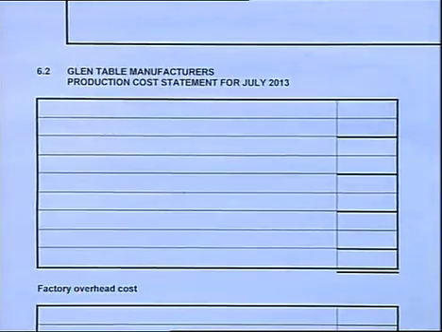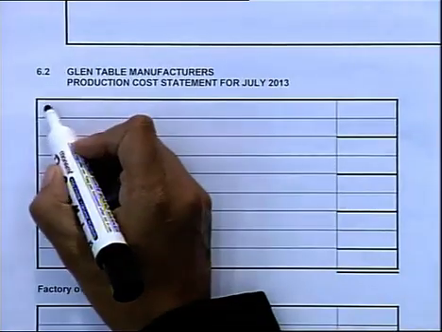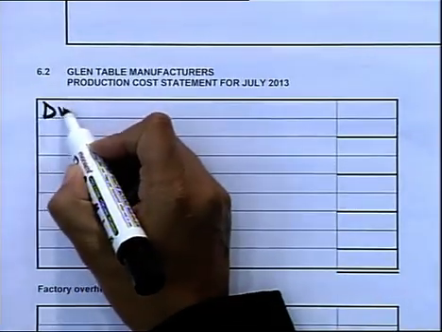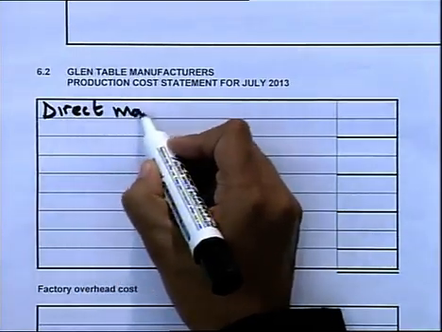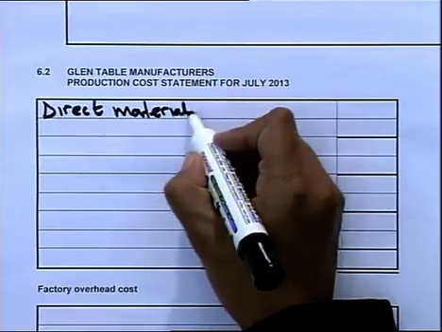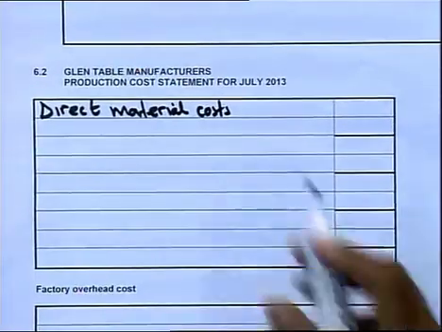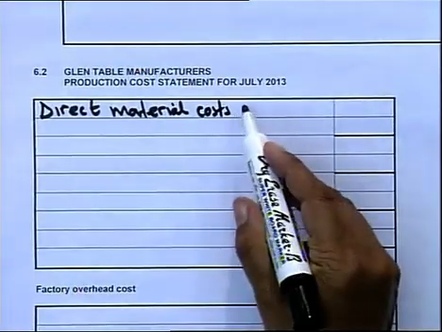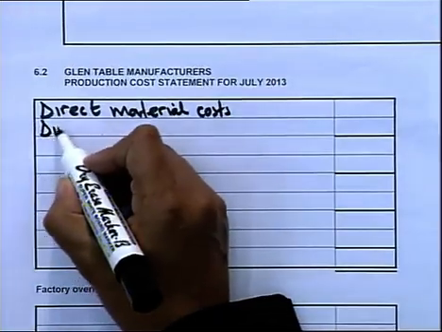And now you're going to see the terminology that I went through. It's going to start coming up again. There I have my direct material costs. Remember, think of the wood of the table. Then I have my direct labor.